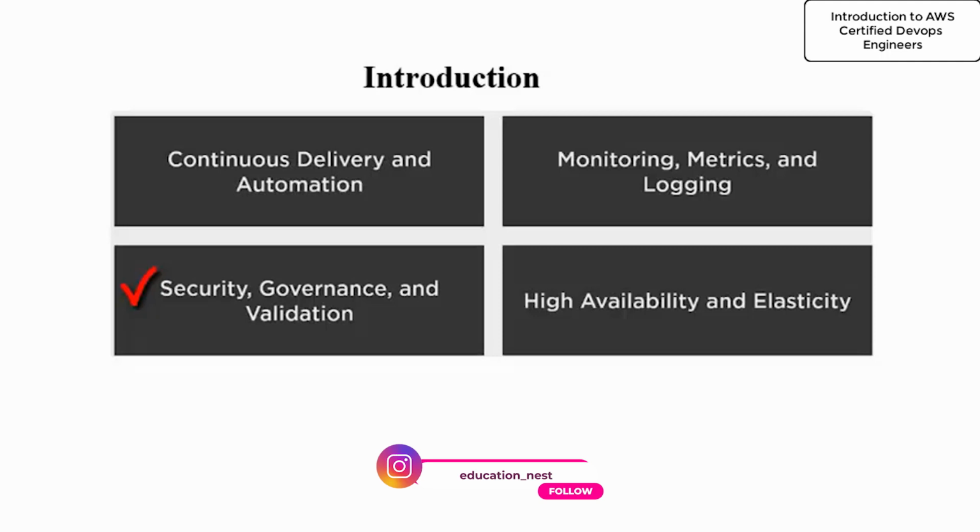Now the governance part basically deals with cost. We need to keep checking what resources are being utilized and to what level, so that if some unattended resources are costing money to the client or us, they should be removed from the AWS infrastructure. We need to keep track of that as well.